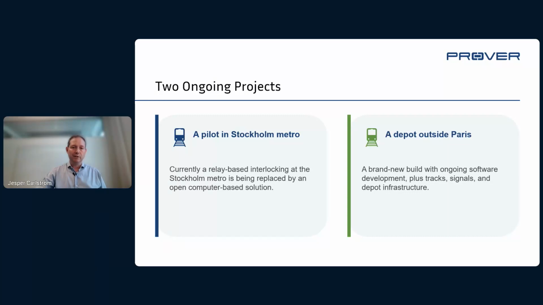It's pretty different because it's brand new. So everything, including the buildings and tracks, is built now. And at the same time, there's ongoing software development, together with the construction of drawings and signals and infrastructure, everything. Both those are real open signaling projects that we are involved in, but also with partners.